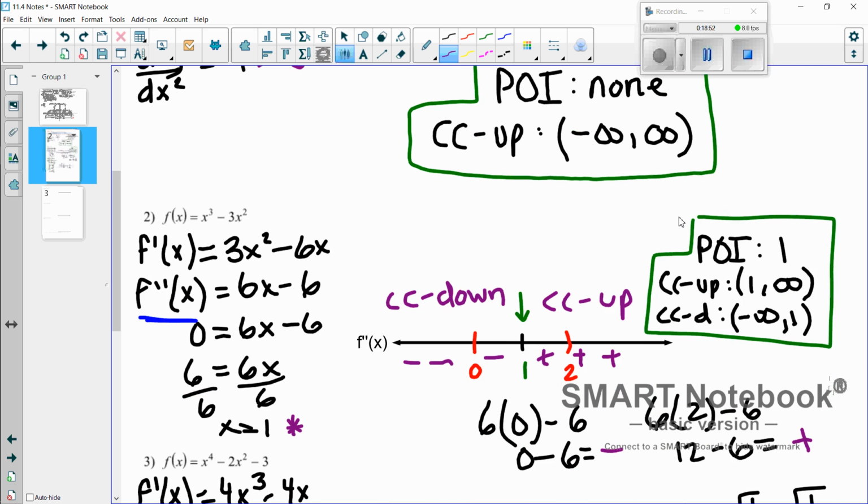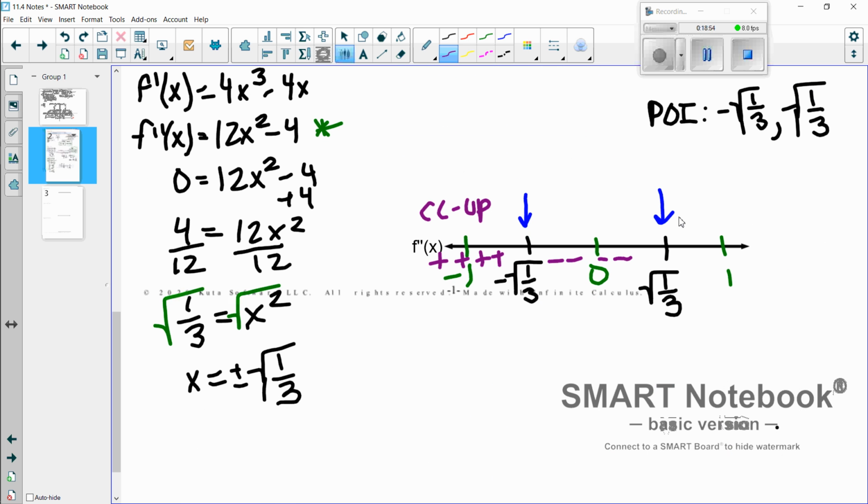The second derivative is less than 0, which means we have concave up in this interval. Or, sorry, concave down. Excuse me. Concave down. And then let's plug in 1. 1 squared is 1 times 12 is 12 minus 4, and that's still positive. So this interval is still positive, which means we're concave up.